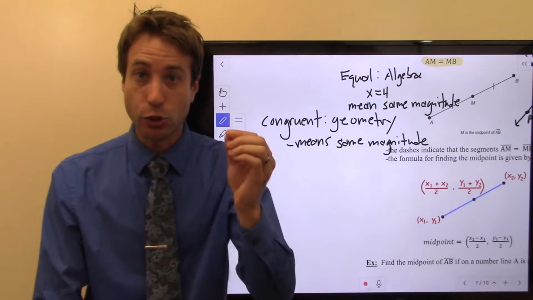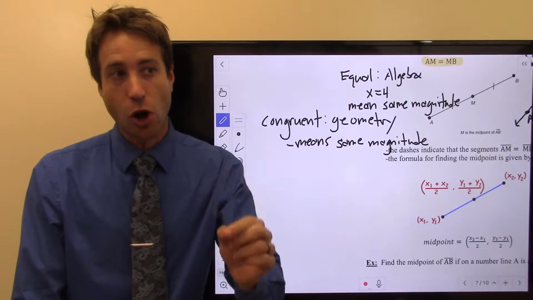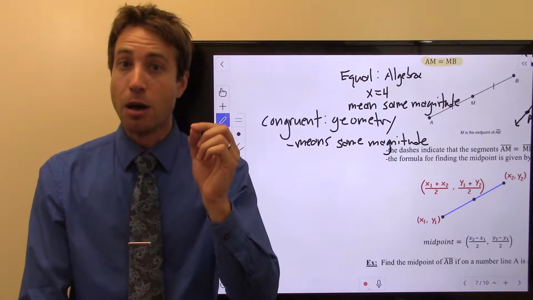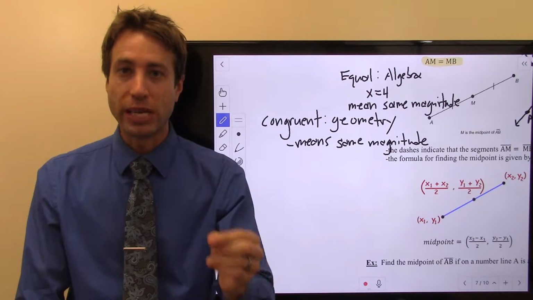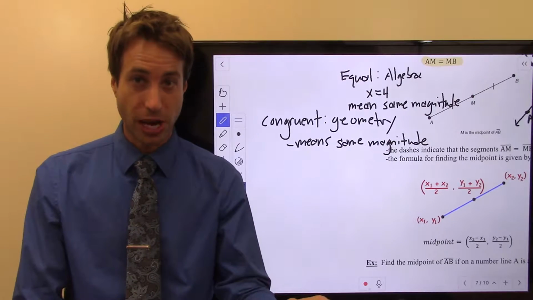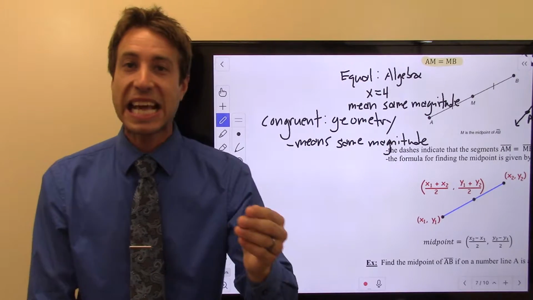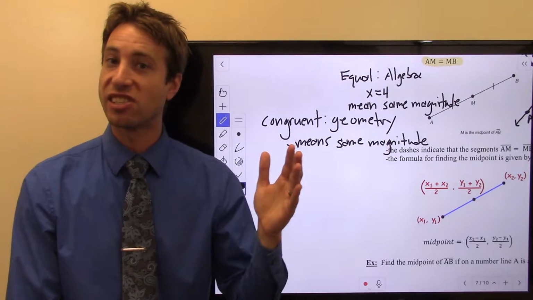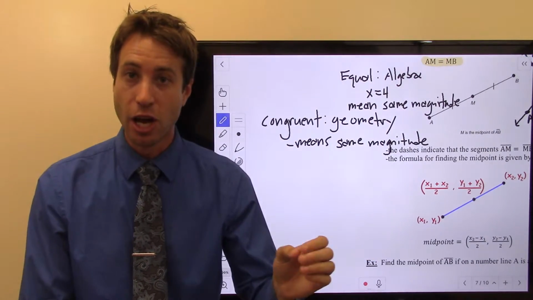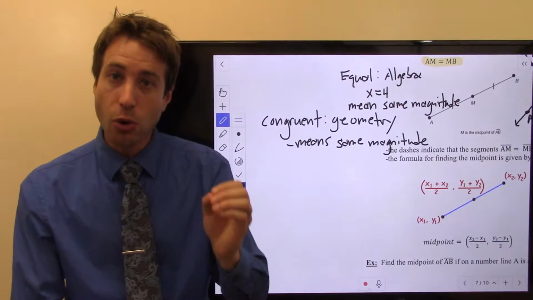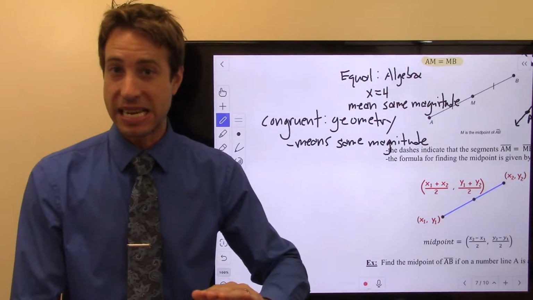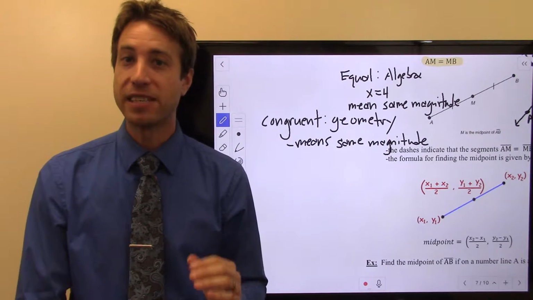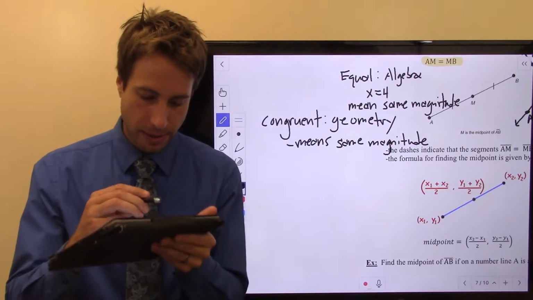But think about what we do in geometry. Geometry is all about figuring out the relationships between figures, between geometric shapes. So congruency has to go one step further. It's not enough to just say that they have the same magnitude. Congruency also carries with it the meaning that two objects have the same shape.